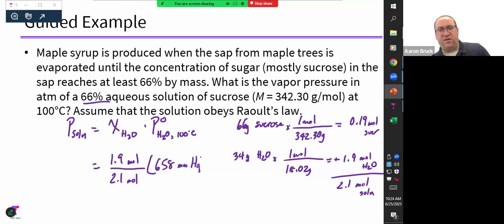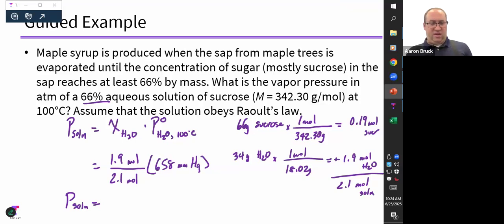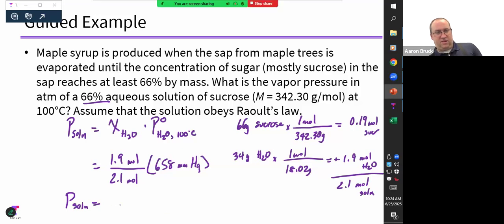Torr and millimeters of mercury are the same thing. 1.9 divided by 2.1 times 658, to 2 sig figs, is 6.0 times 10 to the second millimeters of mercury.